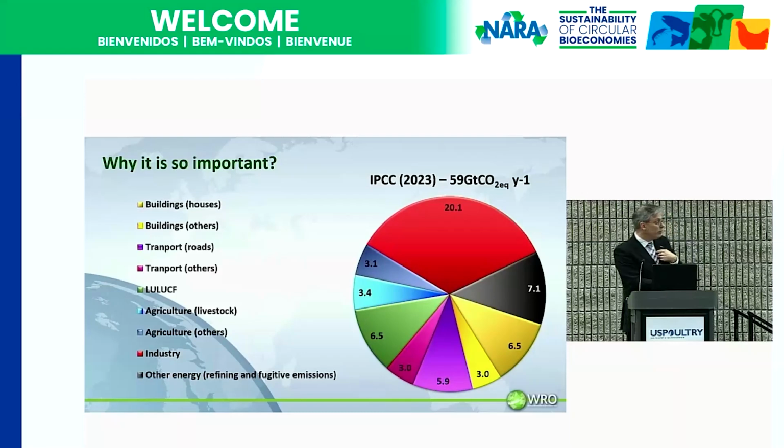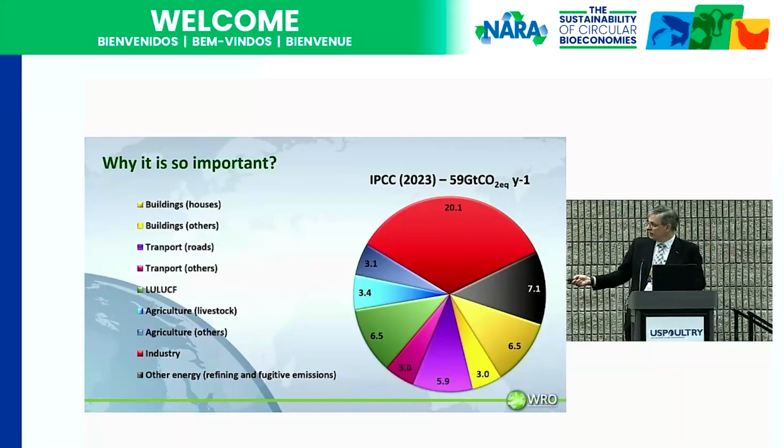Yes, we are bigger than livestock just to have a good life. Then come buildings, offices, transport, road, and 3% is planes, ships, everything.